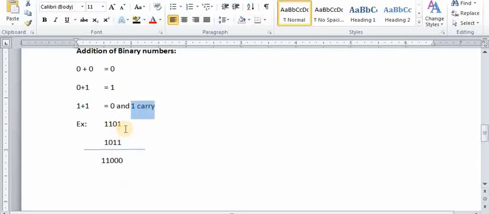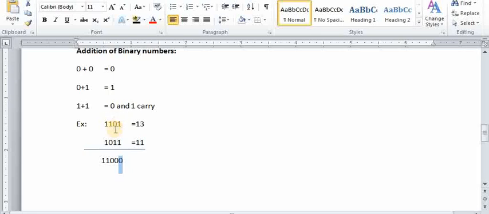Now let's take an example. 1101 is equal to 13, and 1011 is equal to 11. Now find out the addition. So 1 plus 1 equals 0, so put down 0, and 1 will be carried here.